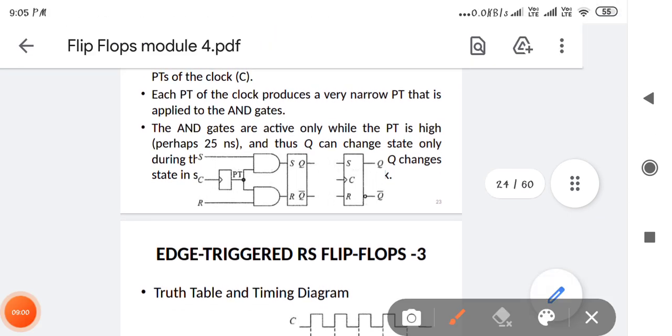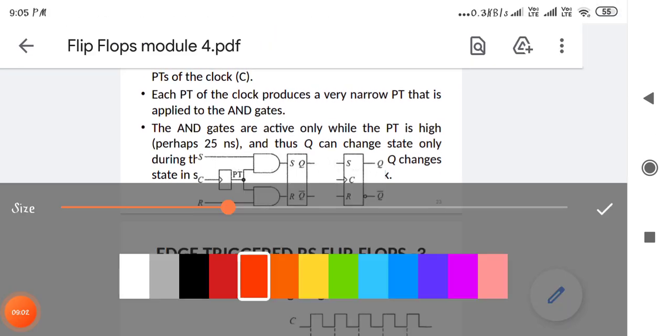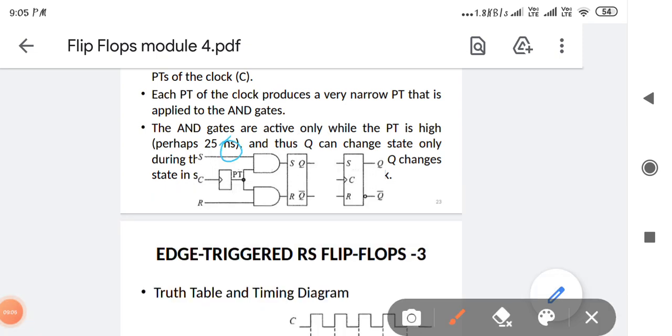Next, can we take it as S is 0, R is 1? Can we use it in the AND gate? 1 1 0 is a 0, 1 1 is a 1. Yes, the clock is 1, so it is 1.